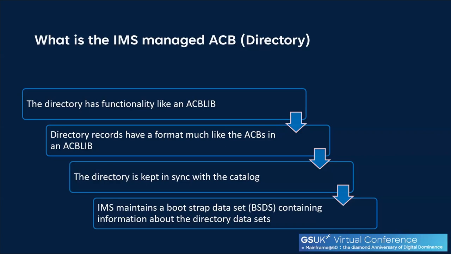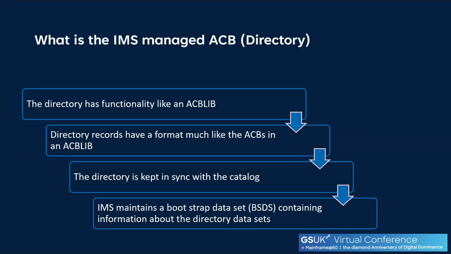which has the information about the directory datasets. There are two types of directory dataset: an active directory and a staging directory. The staging directory is only one dataset, but the active directory is multiple datasets. If you correlate it with the non-managed ACB or ACB Live environment, there used to be a concept of OLC stat or mod stat, which at runtime tells you which ACB Live is active.